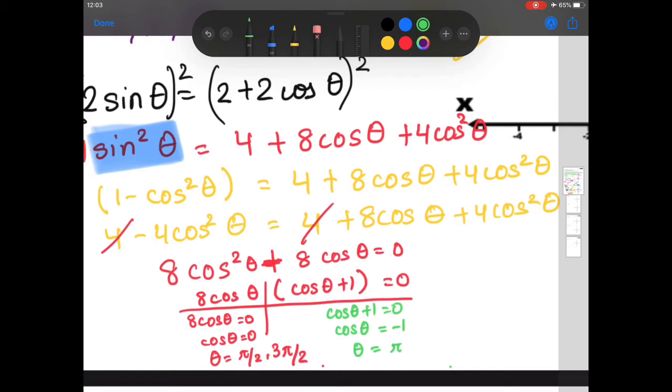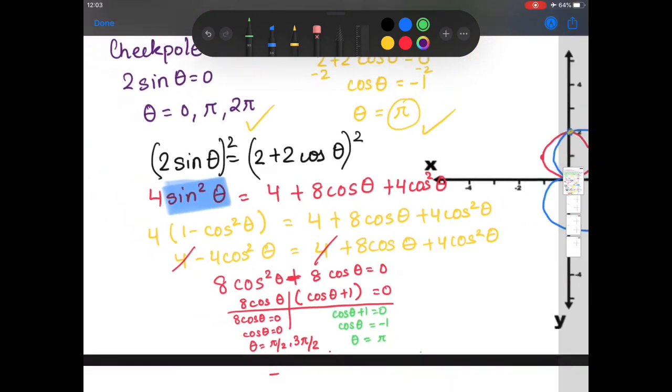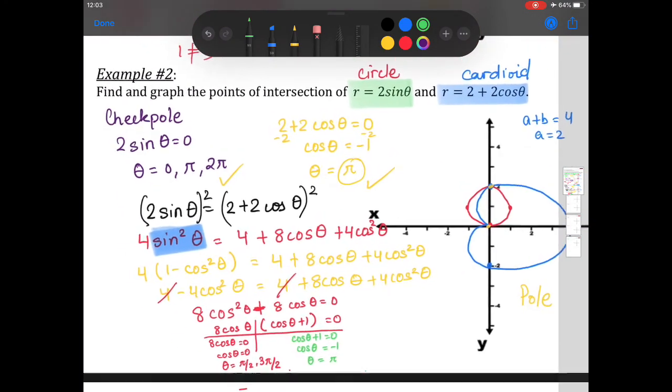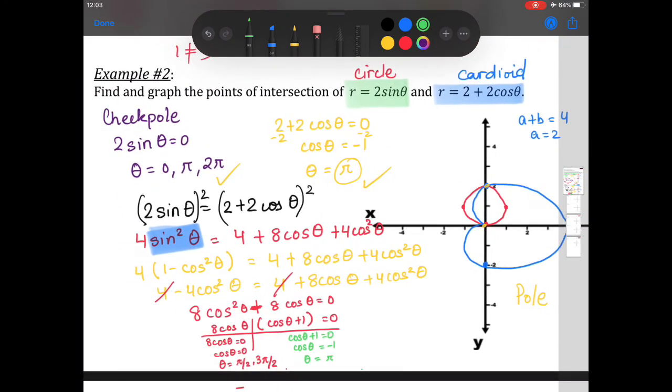Now you want to substitute them into any one of the equations. You can pick the circle or the cardioid. Doing the circle is so much easier. You can do that in your head. So I want to substitute in there and find my R value. So what do I get my R to be? So let's do this. If you want, I'll show it to you here.